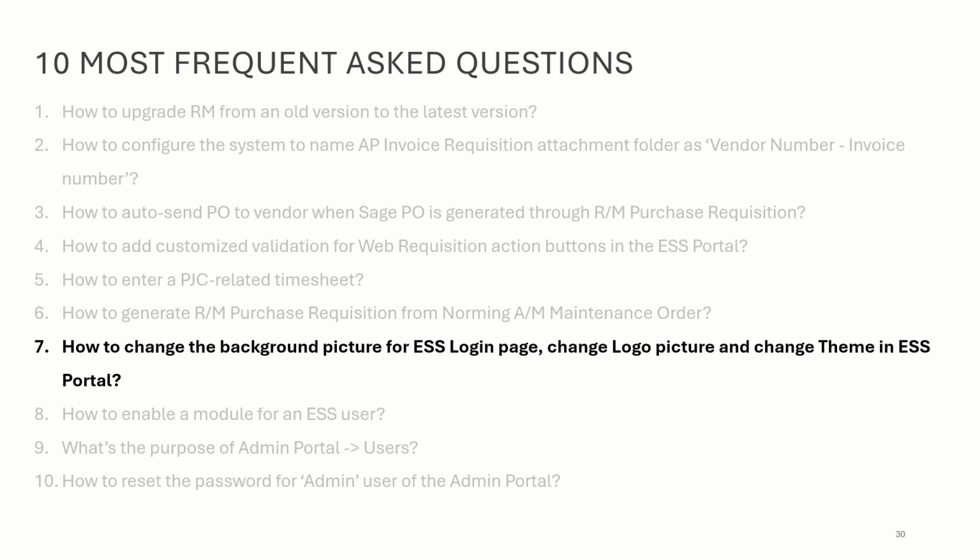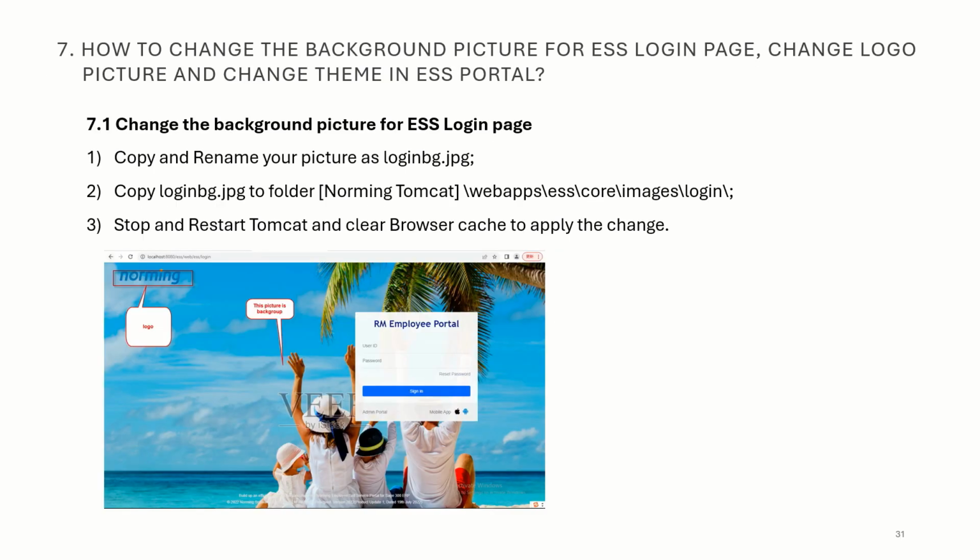Next question, how to change the background picture for the ESS login page, change the logo picture, and change the theme in the ESS portal. Okay, to change the background picture for the ESS login page, we can do it like this. You get your picture and rename it as loginbg.jpg. Copy this file to the Norming Tomcat installation folder.